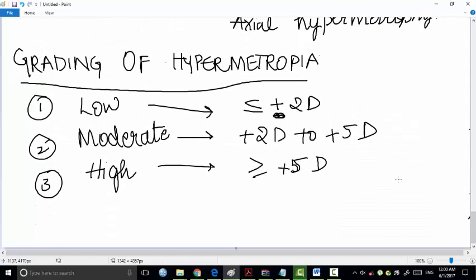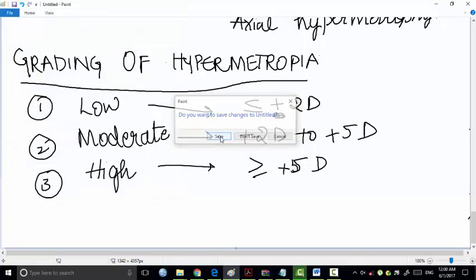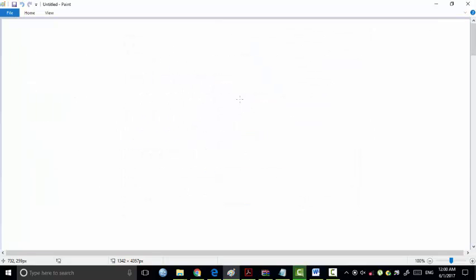So now coming to the complications of hypermetropia. Let me deal with the complications of hypermetropia first. What are the complications of hypermetropia? The complications include: 1.